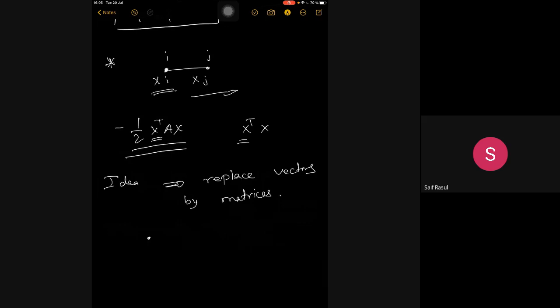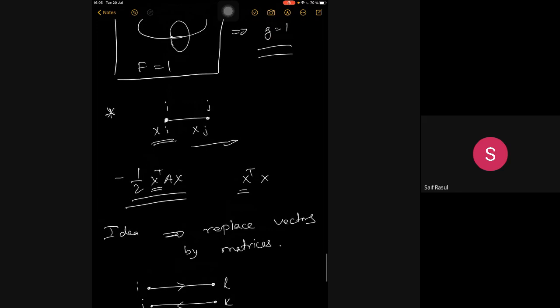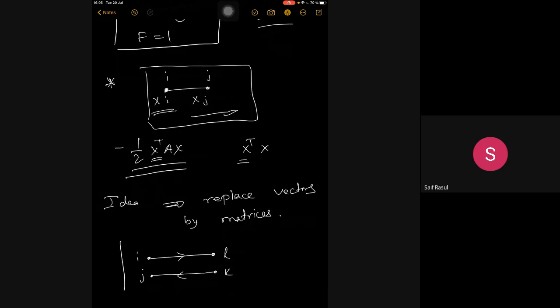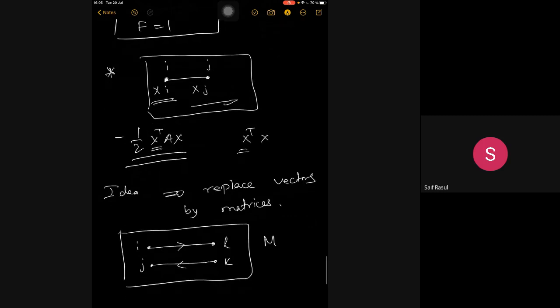I'll explain this in a bit, but first let me draw how he labeled it. For example, if i goes to, let's say, l, and so on. Before we had a single line propagator, we now have a double line.